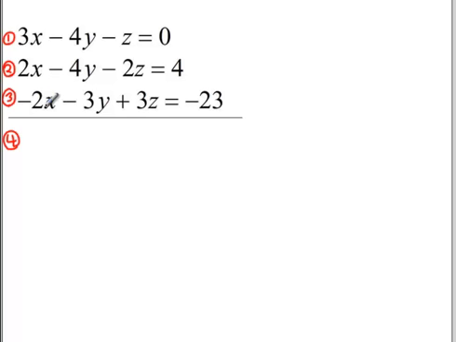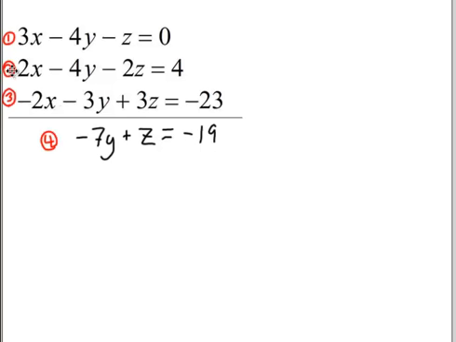So 2x minus 2x, that cancels out. Negative 4y minus 3y is negative 7y. Negative 2z plus 3z gives me a positive z. 4 minus 23 gives me a negative 19. Okay, so here's my fourth equation. Alright, and I got the fourth equation from combining 2 and 3.